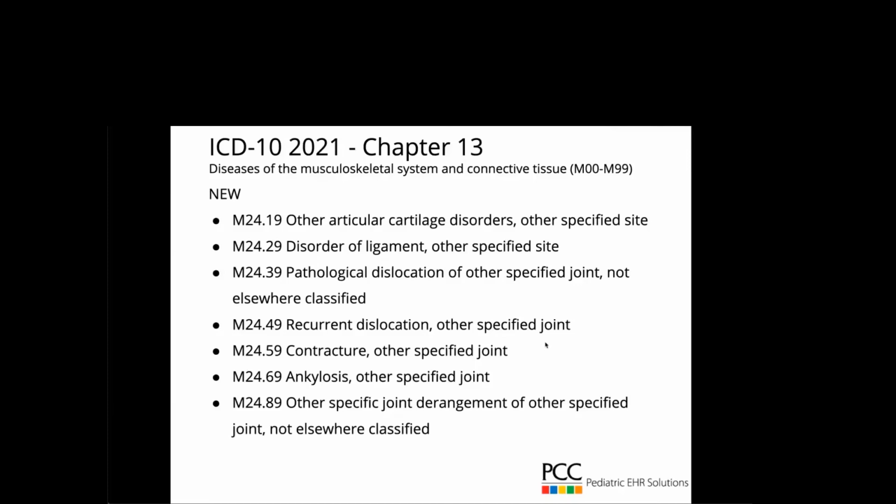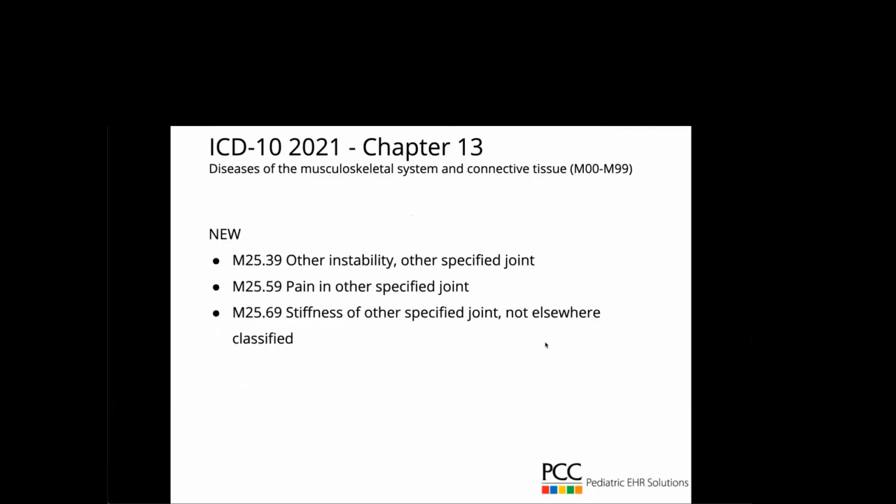Unspecified is when you don't know what it is. So this was just cleaning up, making complete this M24 series for a variety of derangement conditions that did not have an option for other specified joint. And the same for the M25 series. Other specified joint got treatment for other instability, for pain, and for stiffness not elsewhere classified.